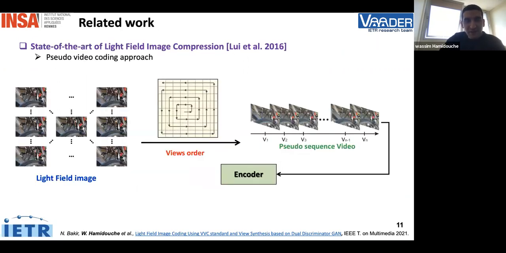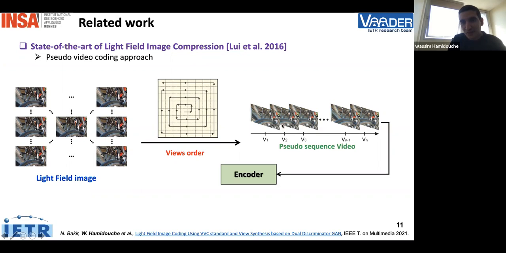The second solution, proposed in 2016, is quite simple. The idea here is to propose some ordering of the light field views. We take the light field views and perform some ordering, here for example a spherical ordering, to put them into a pseudo video sequence.